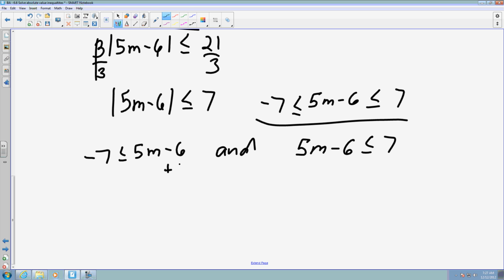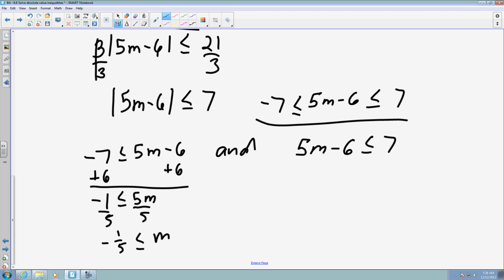I'm going to add 6 to both sides here, which gives me negative 1 is less than or equal to 5m. And I'm going to divide 5 to both sides, which then is negative 1/5 is less than or equal to m. Here I'm going to add 6 to both sides.